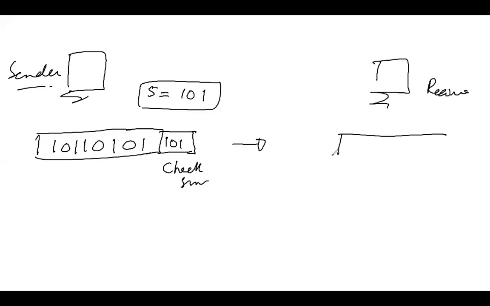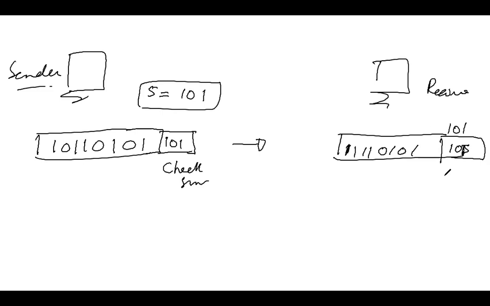Now on the receiver side, he received the same message, but there is an error. For example, we intentionally add an error. We convert the second 0 into 1, so the message becomes 11110101.